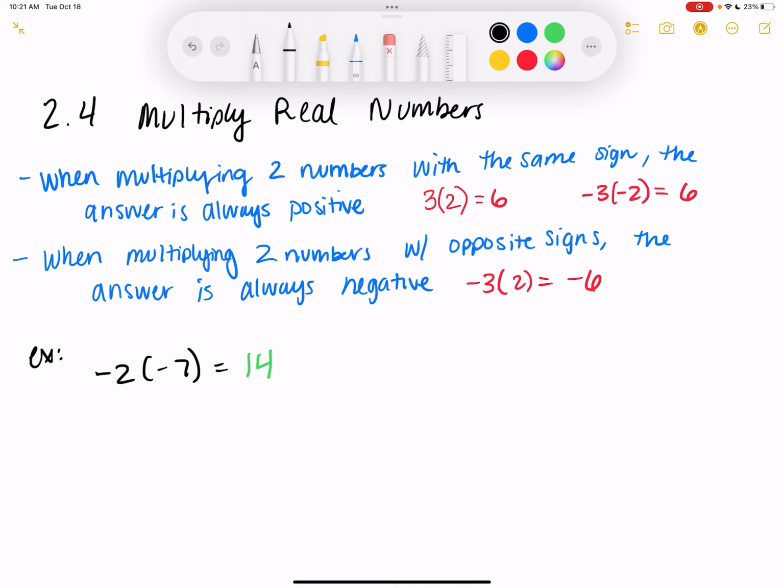And then if we had negative 0.5 times negative 4 times negative 9, we're going to go left to right. So negative 0.5 is like 1/2. So what's 1/2 of 4? Think about what's 4 divided by 2. 2.